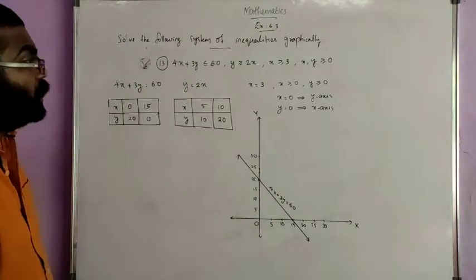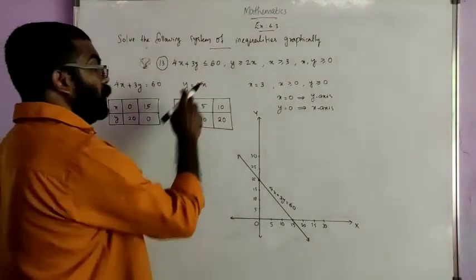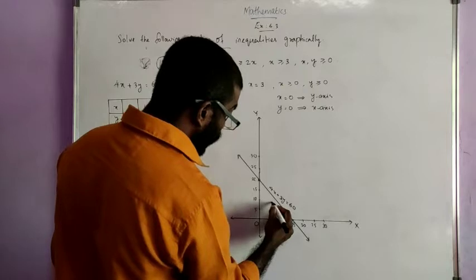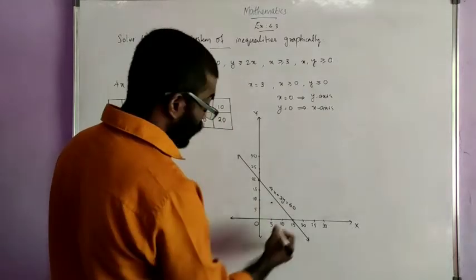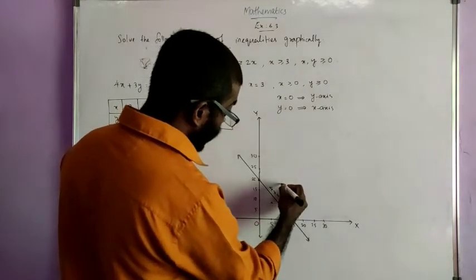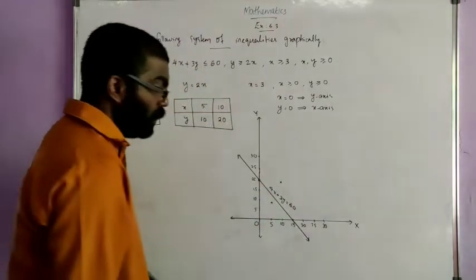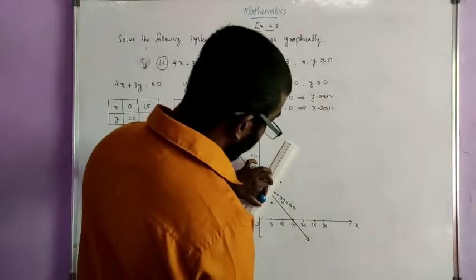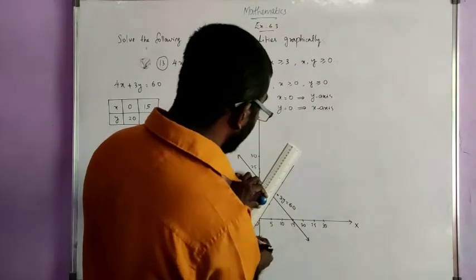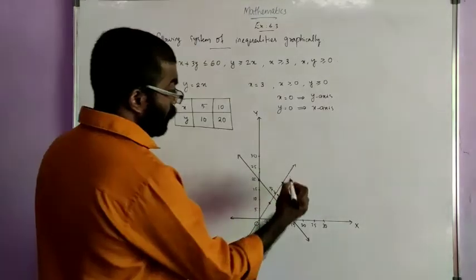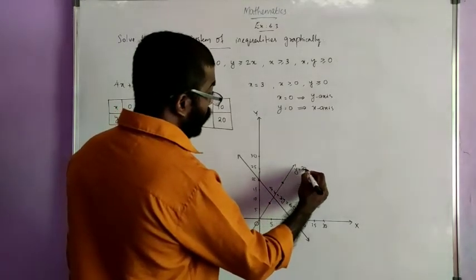Now the next is y is equal to 2x. 5, 10, and 10, 20. Here 5, then here 10, and the corresponding value 20. Here also we can join and form a straight line. So here we can write y is equal to 2x.